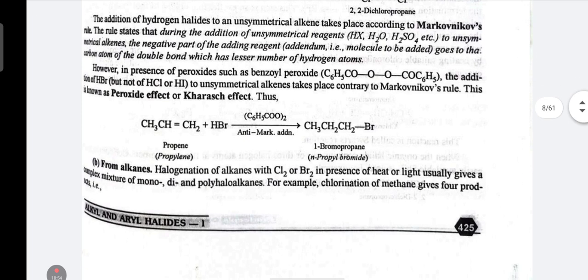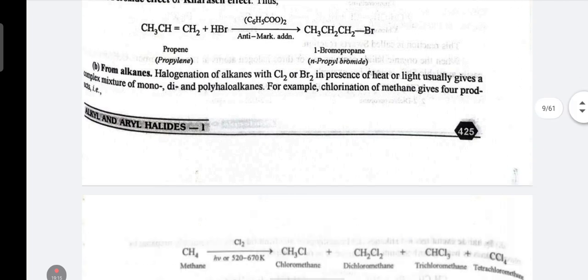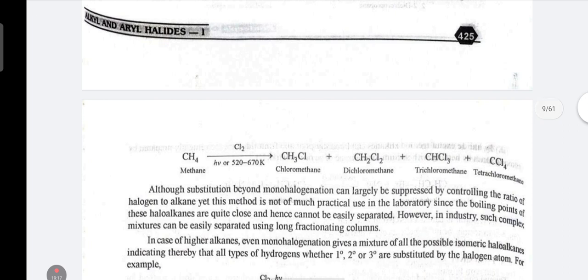From alkanes: halogenation of alkanes with chlorine or bromine in the presence of light usually gives a complex mixture of mono- and polyhaloalkanes. For example, chlorination of methane gives chloromethane, dichloromethane, trichloromethane and tetrachloromethane.